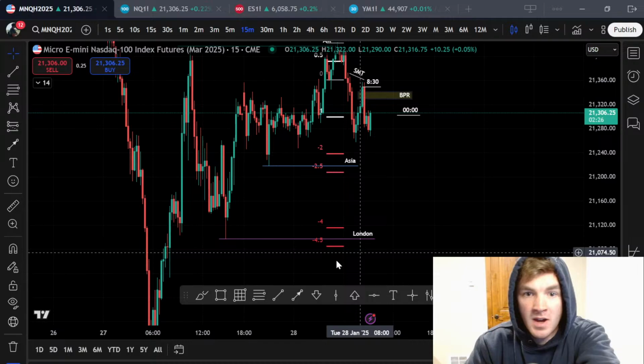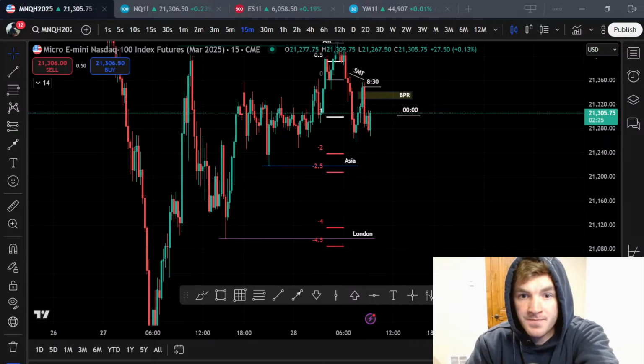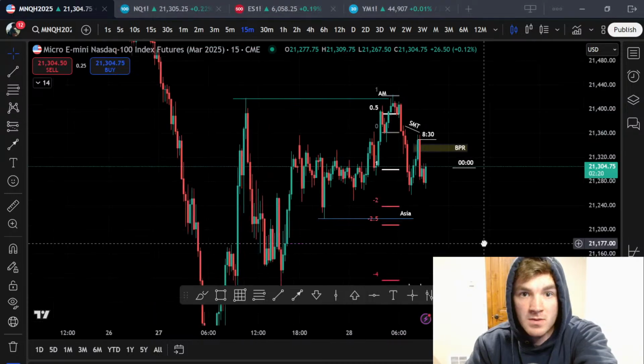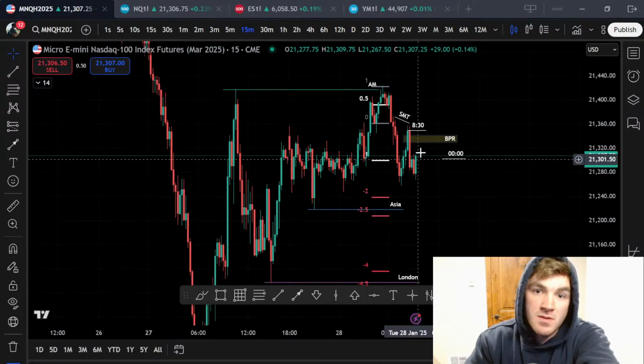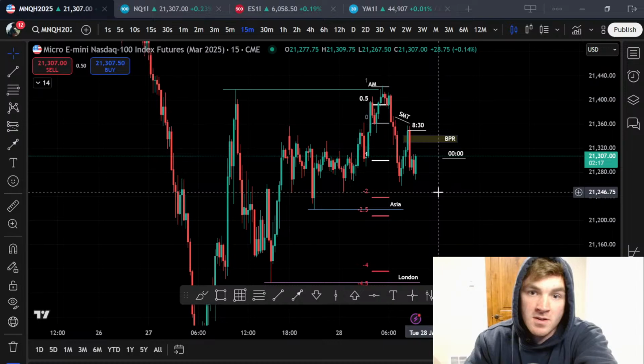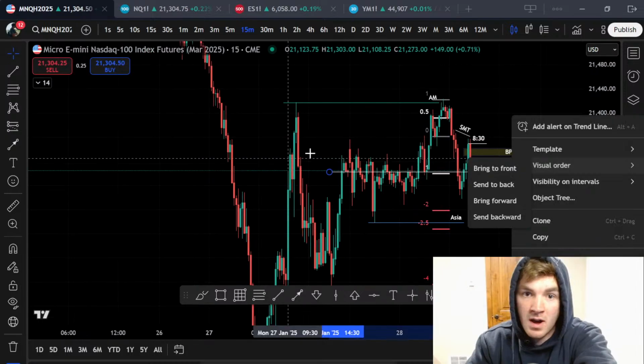You can see how perfectly those line up. And then we got a bearish SMT right here. We rejected a 30.